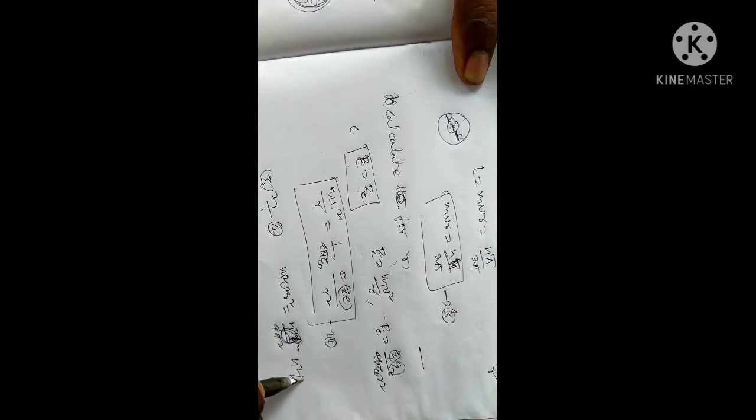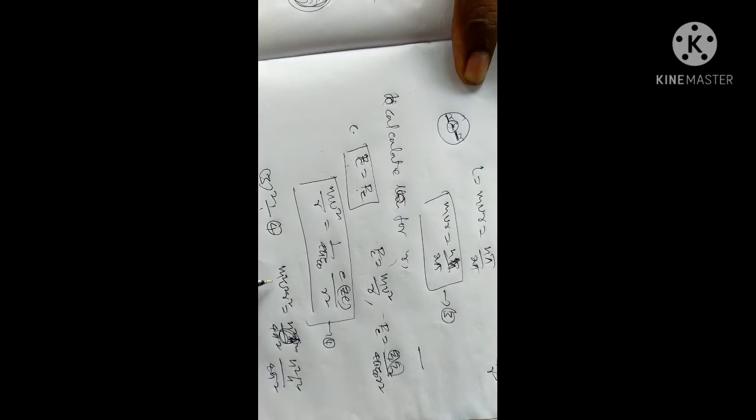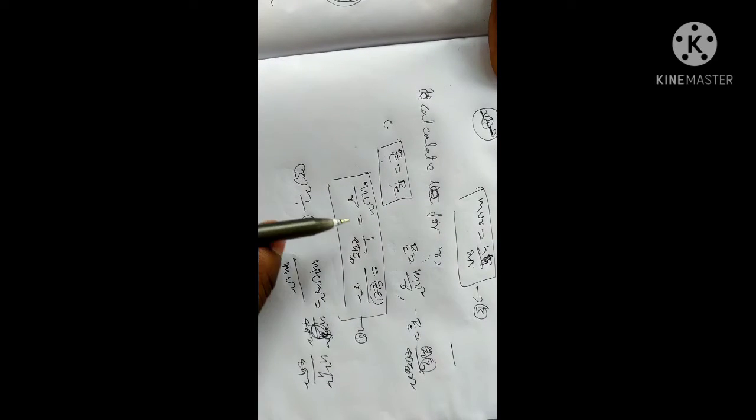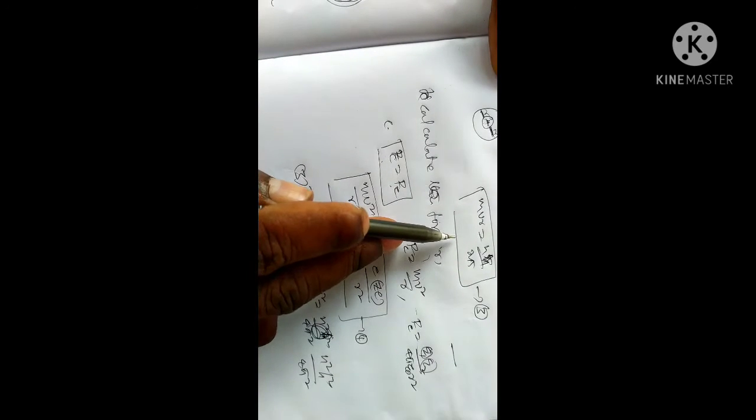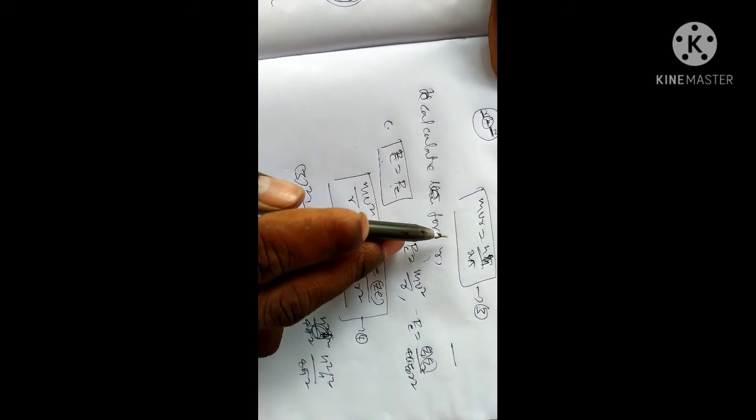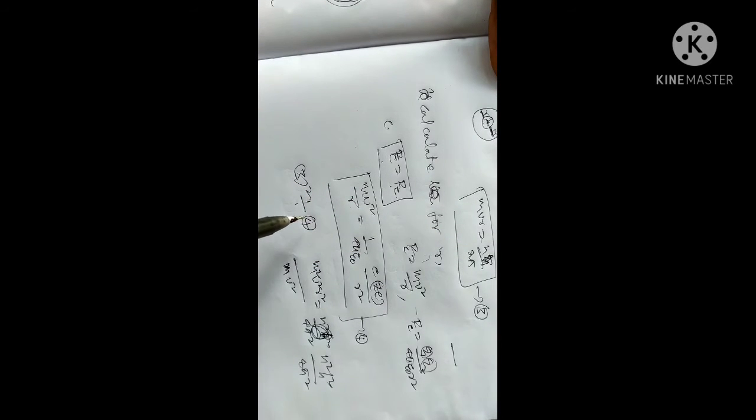This is the squared equation 3, divided by equation number 4.